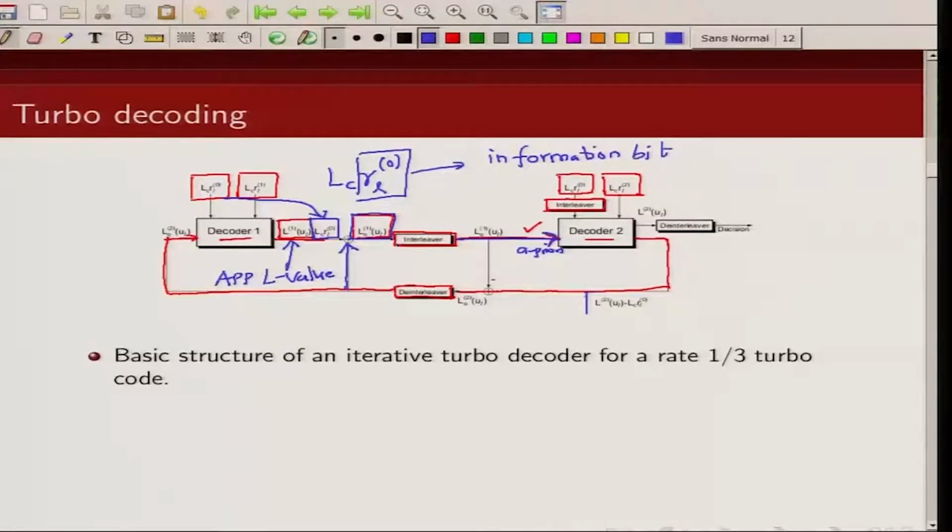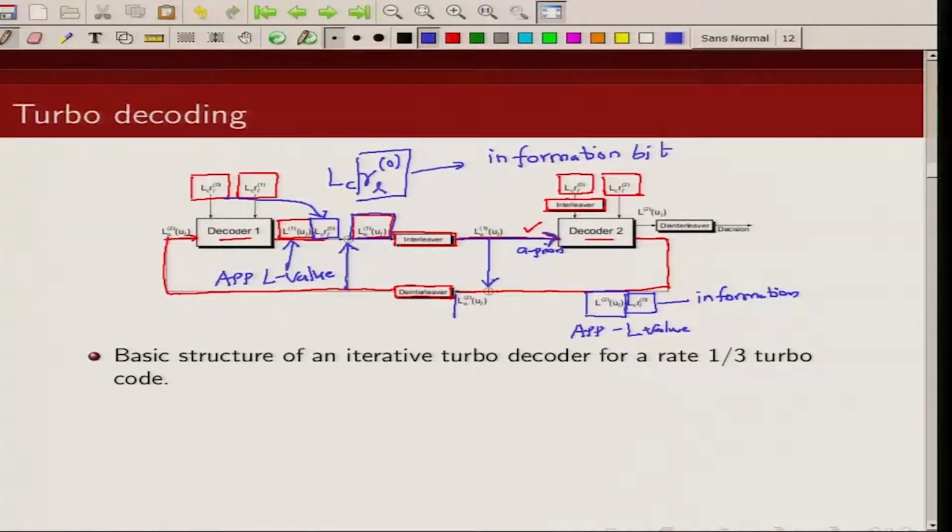Now, how do I compute extrinsic information for decoder 2? The same procedure. This is my APP L value corresponding to the information bit. I subtract from there the contribution of the information bit. This is my Lc r0 term, and then I subtract the contribution of the a priori information.